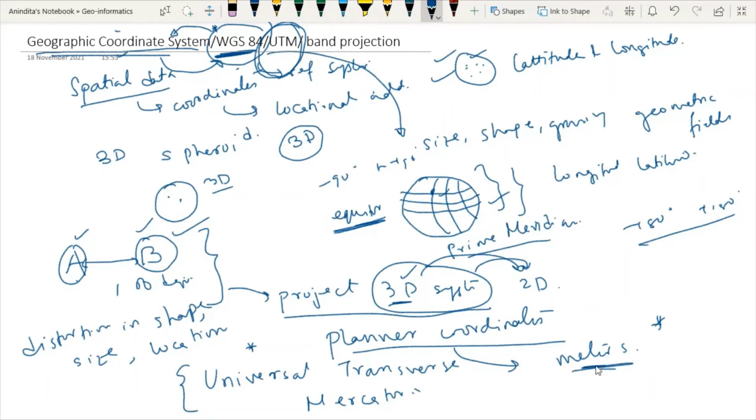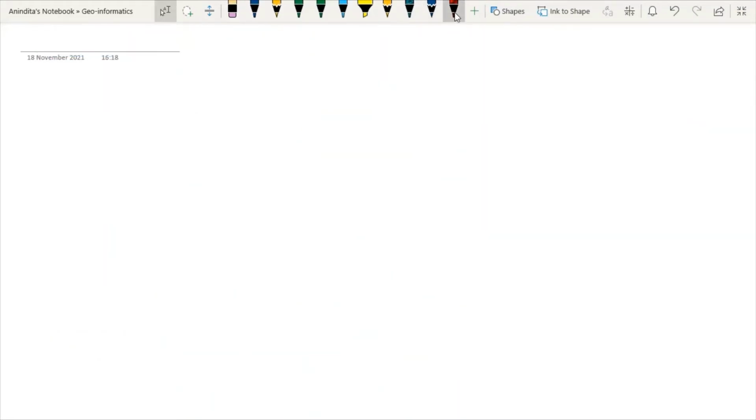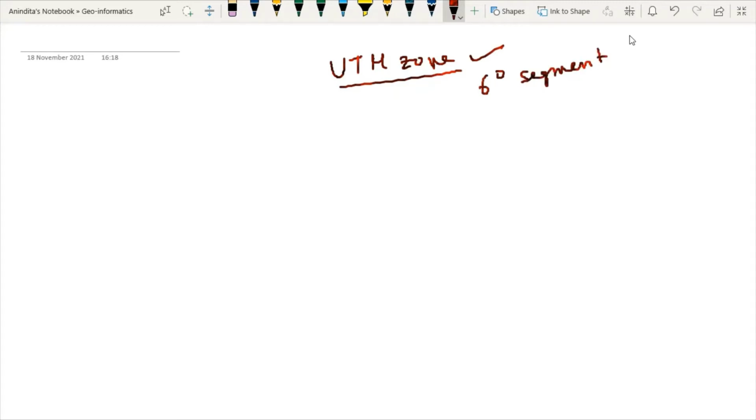So in order to use that, we have to specify the UTM zone details. Now here you need to understand the basic logic, that is the UTM zone. So what do you mean by this concept of UTM zone? See, this UTM zone is a 6-degree segment of the earth.